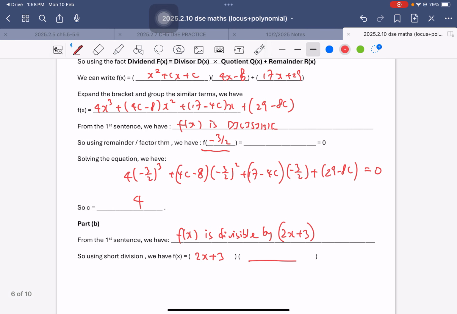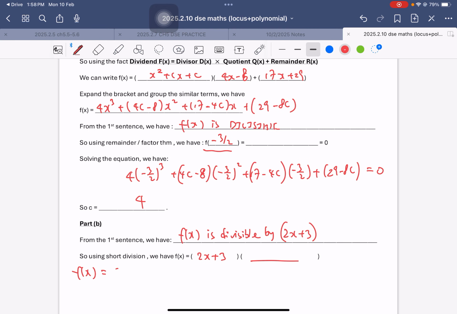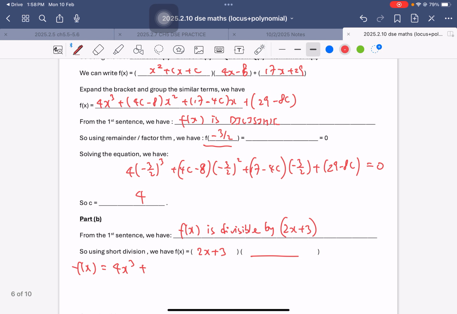So that we have f(x) is equal to 4x cubed plus (4c minus 8) giving you, what's the c? 4. 4 times 4 minus 8 giving you 8x squared, and then 17 minus 4c giving you 1.